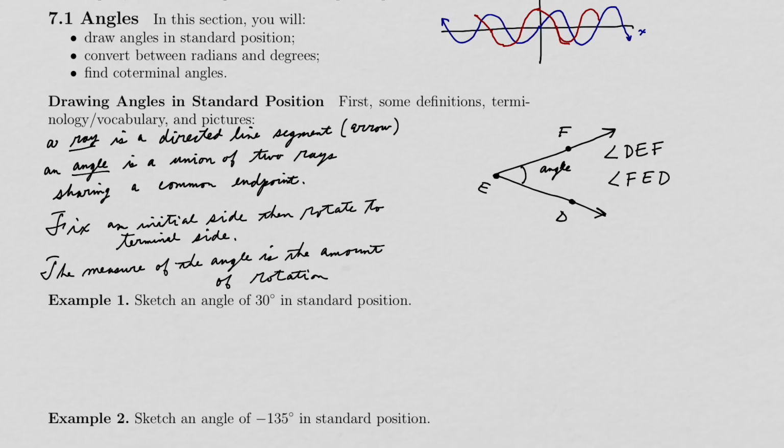Or commonly we use these Greek letters like theta, phi, etc. You can just call it a particular name. Like I could just call this angle theta, right? They're all equivalent, okay? But the key point here is the angle is formed by the ray ED and the ray EF. So angle is formed by the ray ED, I can denote it like that, and ray EF.